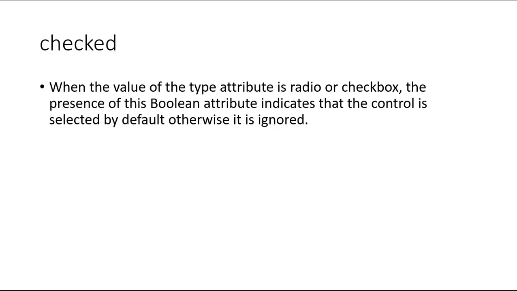Okay, now checked. What is checked? When the value of the type attribute is radio or checkbox, the presence of this boolean attribute indicates that the input control element is selected by default, otherwise it is ignored.